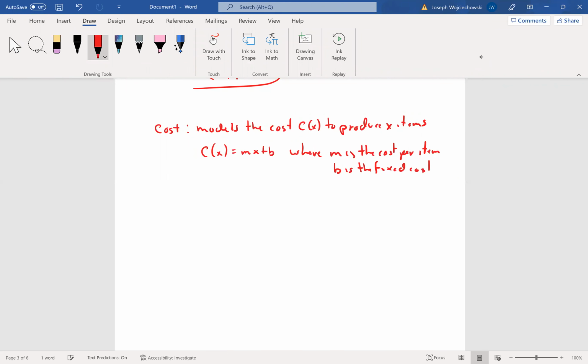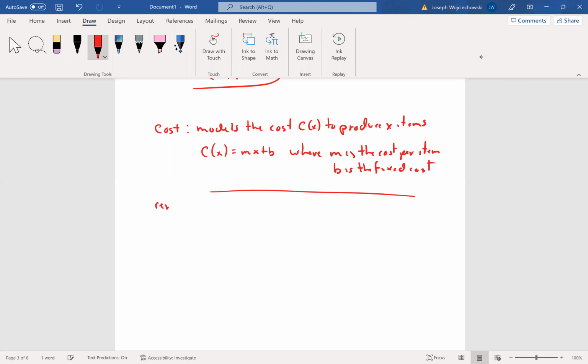In other words, the startup cost. If you were starting a business, this would be the rent, the utilities, the lease on the property, and all that. That would be your startup cost. Okay.